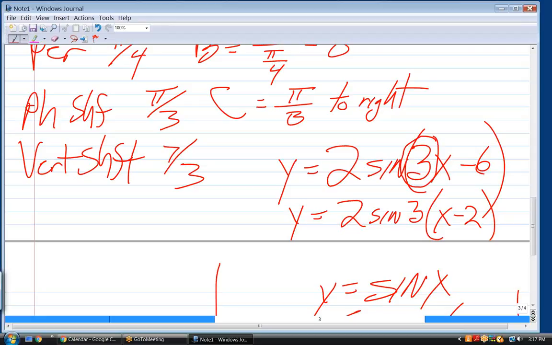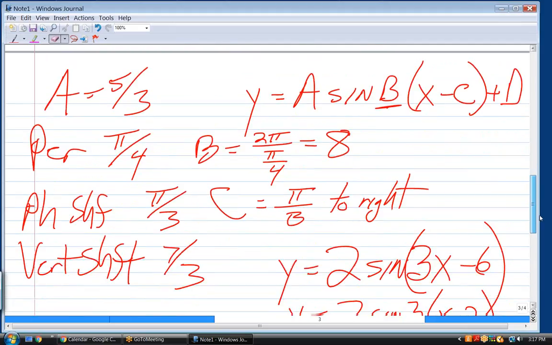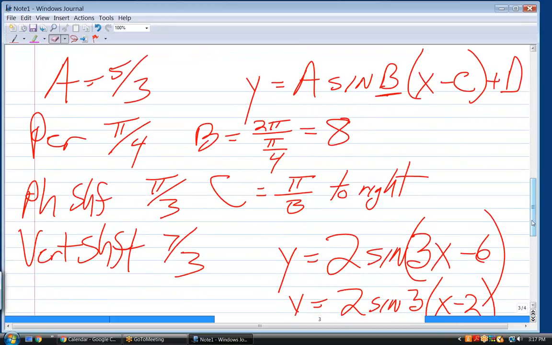And it can be useful in both cases. I've seen problems where it really is better if it's inside the parentheses, and I've seen problems where they work out a little better if it's outside the parentheses. So neither is better than the other, but it makes a huge difference when you go to calculate phase shift.